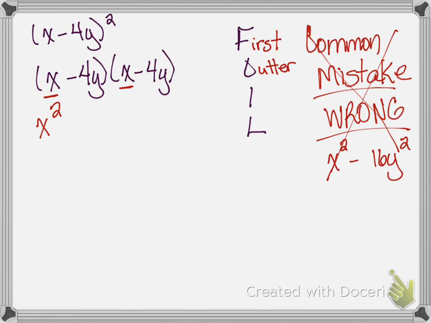This is on the outside, and this is on the outside. So I have x times negative 4y. So that's going to be negative 4xy.